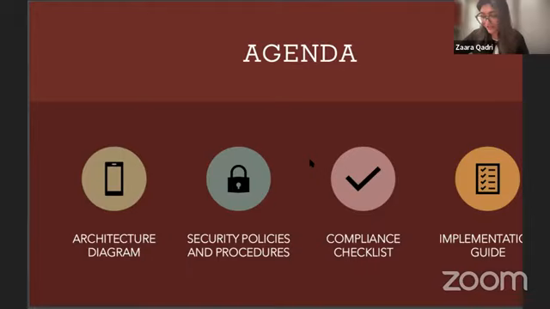Our goal is to create an environment that is scalable, efficient, and most importantly, keeps cardholder data safe from prying eyes. So our four main deliverables are the architecture diagram, the security policies and procedures, compliance checklist, and the implementation guide.